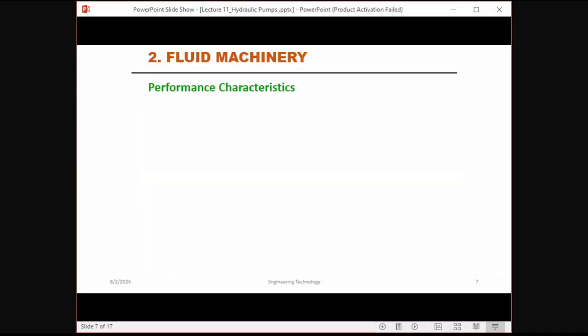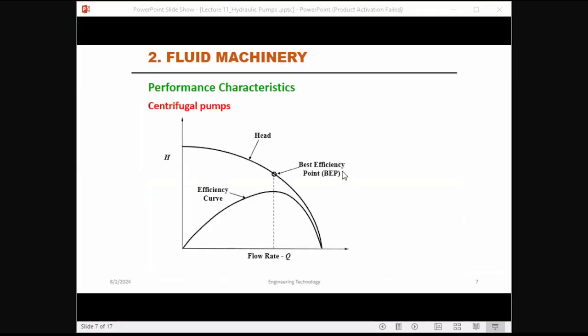Okay, I think you got an idea about the performance characteristics in pumps, centrifugal pumps. Here you can see a graph. This is the performance characteristic graph. This line indicates the efficiency of the pump, and this line indicates the head of the pump.